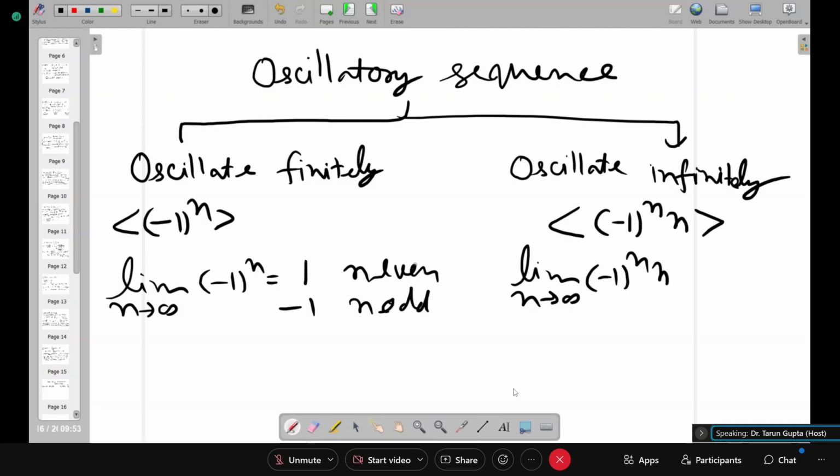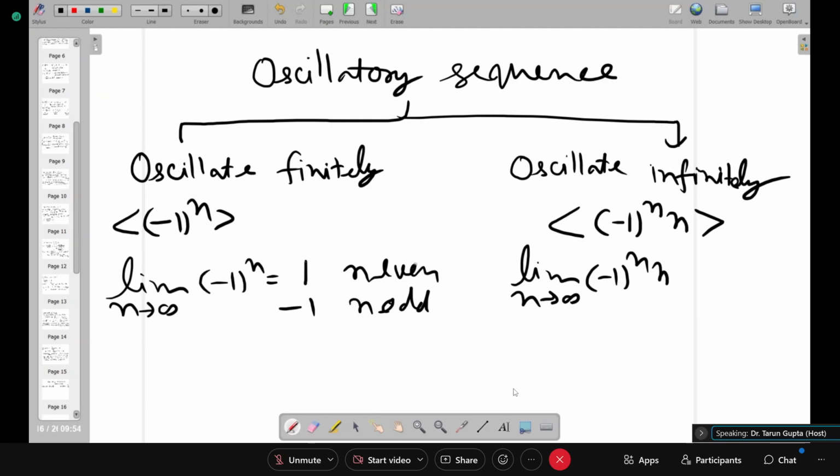There is a difference: 1 to the power infinity is an indeterminate form, but -1 to the power n is not an indeterminate form. Okay, here we can write the limit depending on whether n is even or odd, because for the infinite term we cannot say it is even or odd.